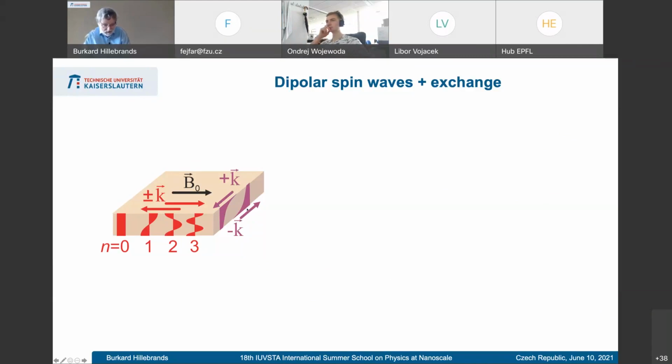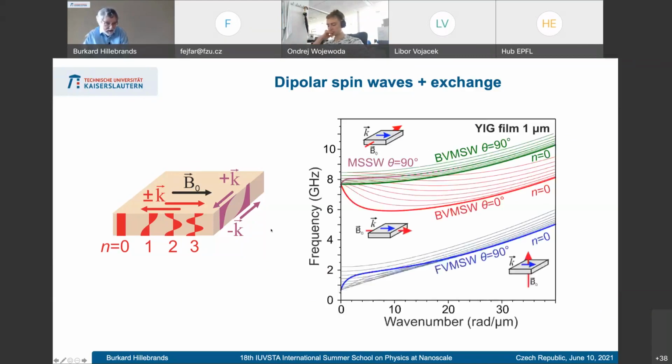So all these modes do exist. If you put everything together, the standing modes, the backward volume modes, the surface modes, the forward volume modes, and exchange interaction, then that is the final dispersion. Very complicated, but I think you now have a good guide through that.